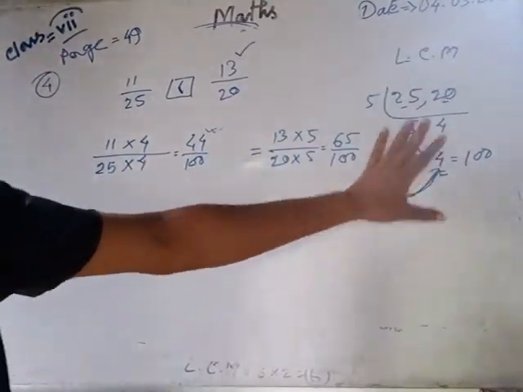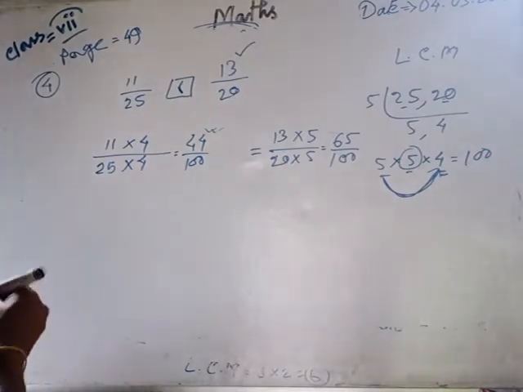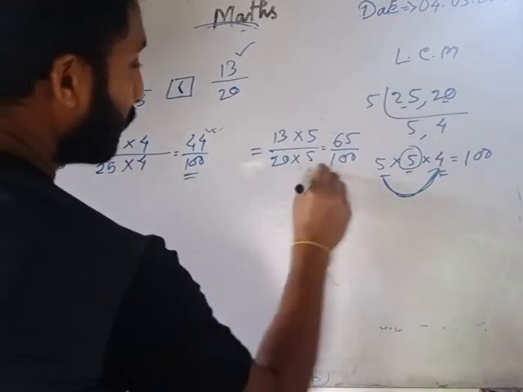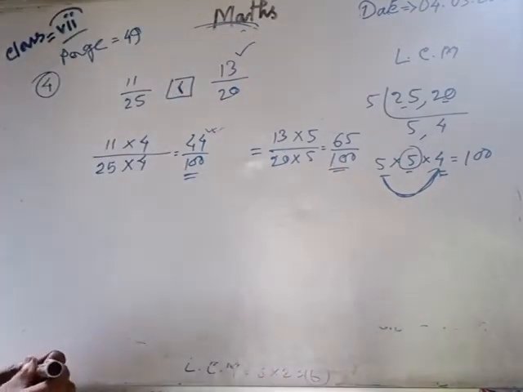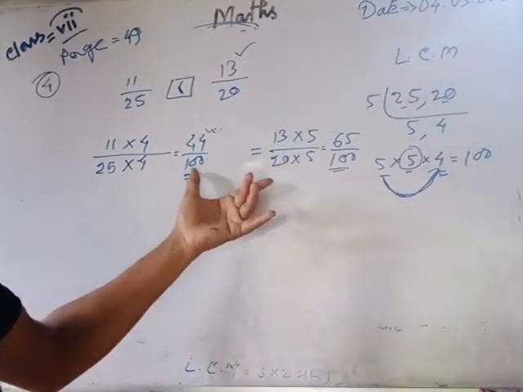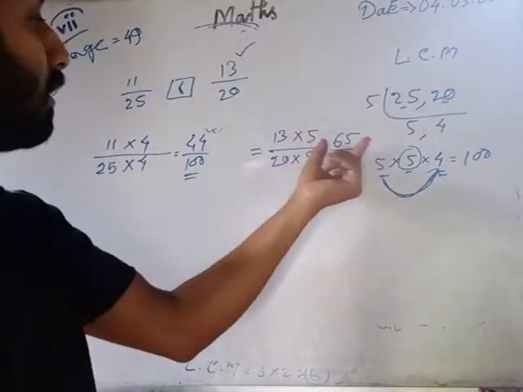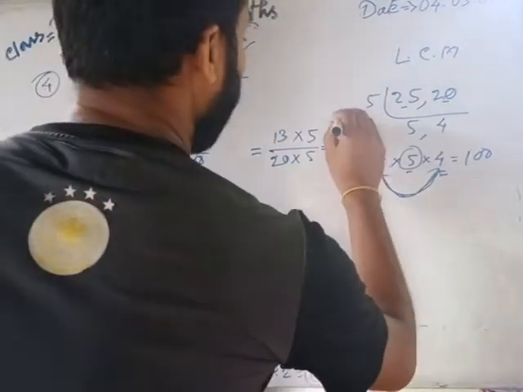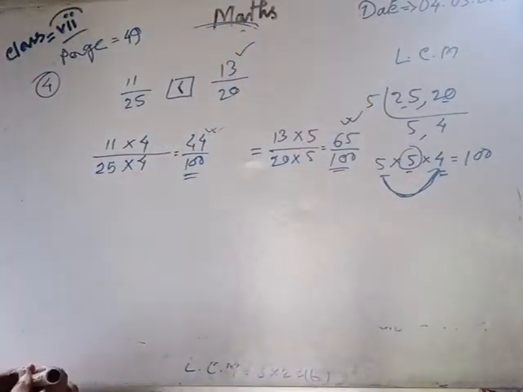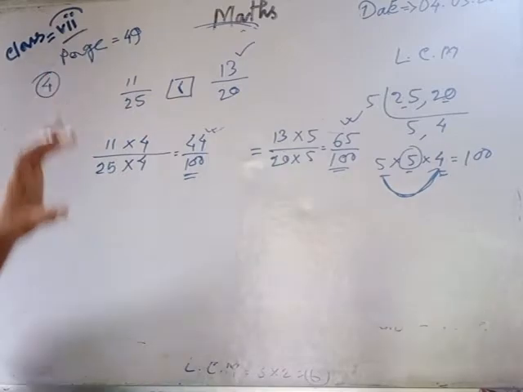At first you should find out the LCM of the denominators, and make the same denominator. If the denominator is the same and the numerator is greater, at that time this fraction is also greater than the other fraction.